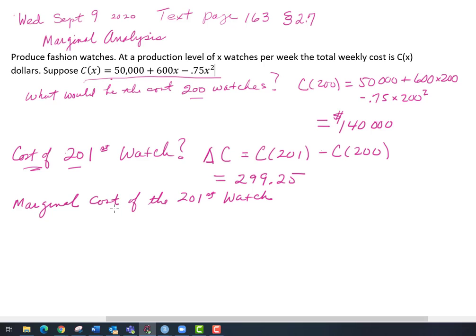That's a concept from economics, and they talk about the marginal cost, the marginal revenue, the marginal profit, and marginal anything, but the marginal cost is just equal to the derivative evaluated at x equal 200.